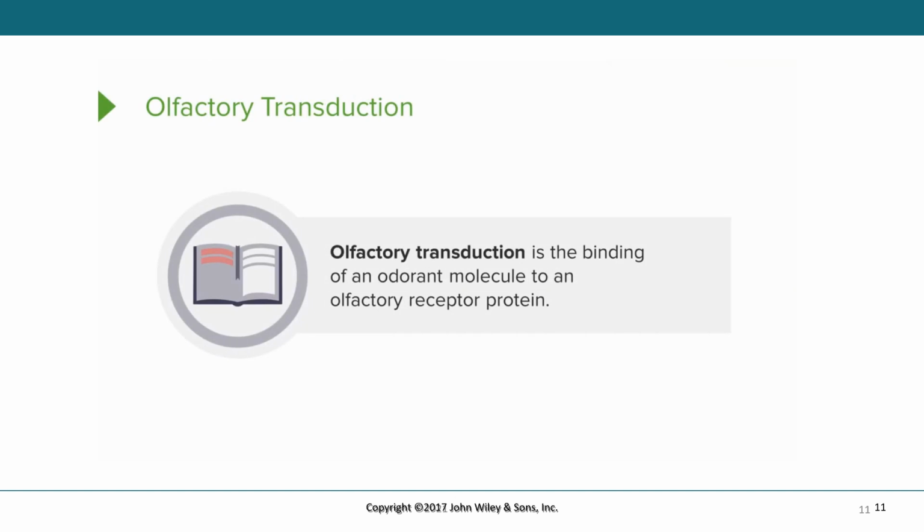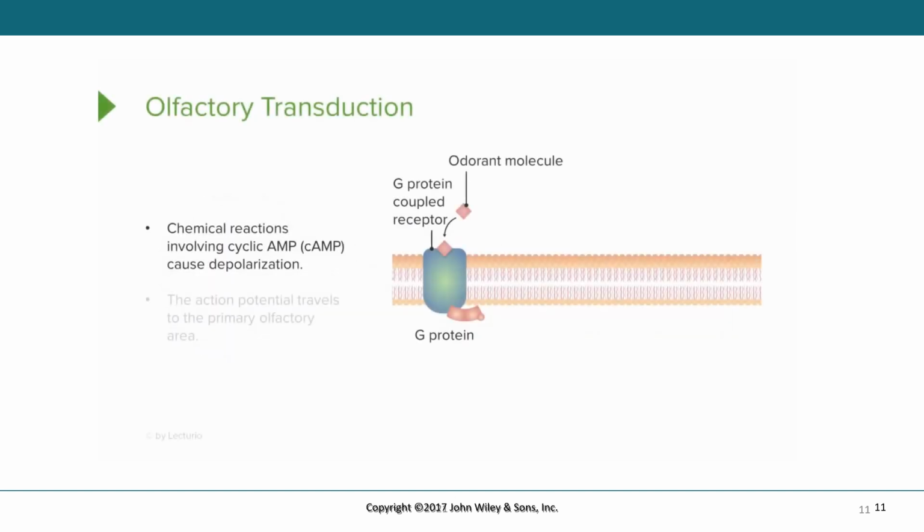Olfactory transduction is the binding of an odorant molecule to an olfactory receptor protein. Olfactory transduction begins when an odorant binds to the olfactory receptor cells. This leads to a chemical reaction involving cyclic AMP and causes depolarization. The binding of an odorant molecule to the G protein coupled receptor found in the membrane activates the G protein, which then binds to the adenylyl cyclase enzyme.